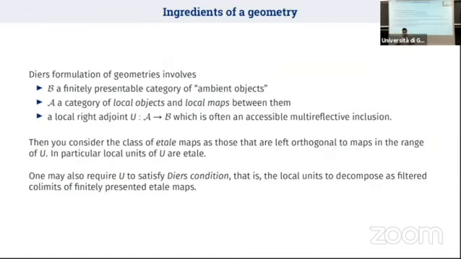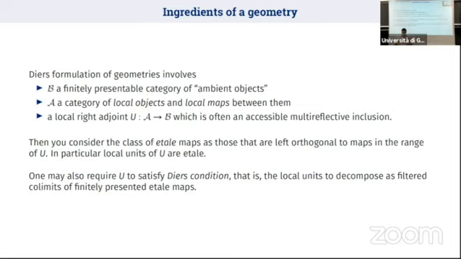The ingredients of a geometry should be at least a locally presentable category of, let's say, ambient objects, a category of local objects and local maps, and between them a local right adjoint, which will in fact often satisfy some accessibility properties, but on which I won't give detail.